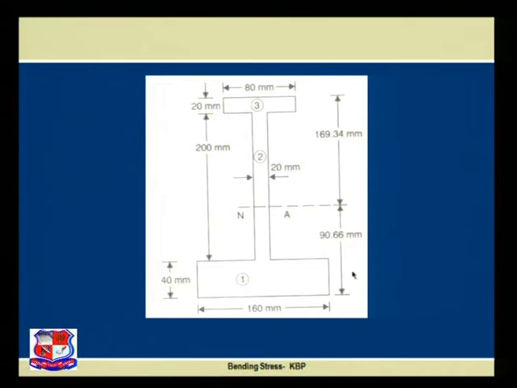Minus this y bar, that is 90.66. So the available depth from neutral axis to the top fiber is 169.34 mm.